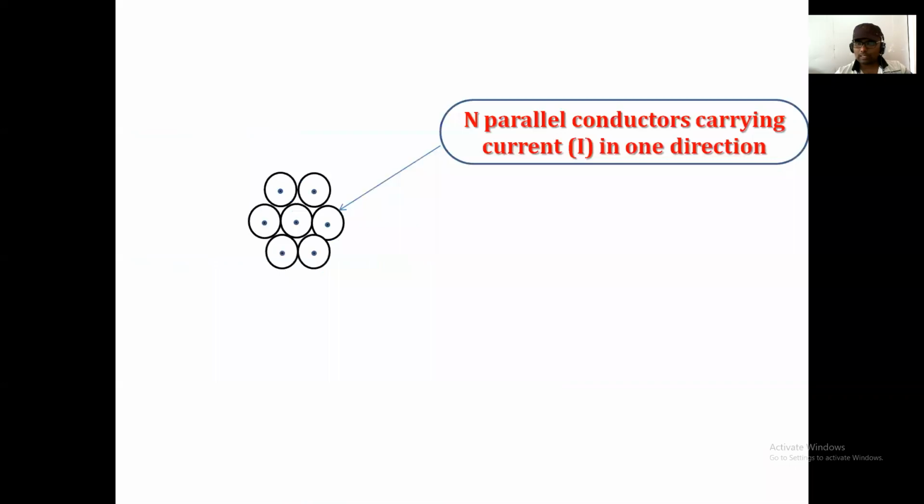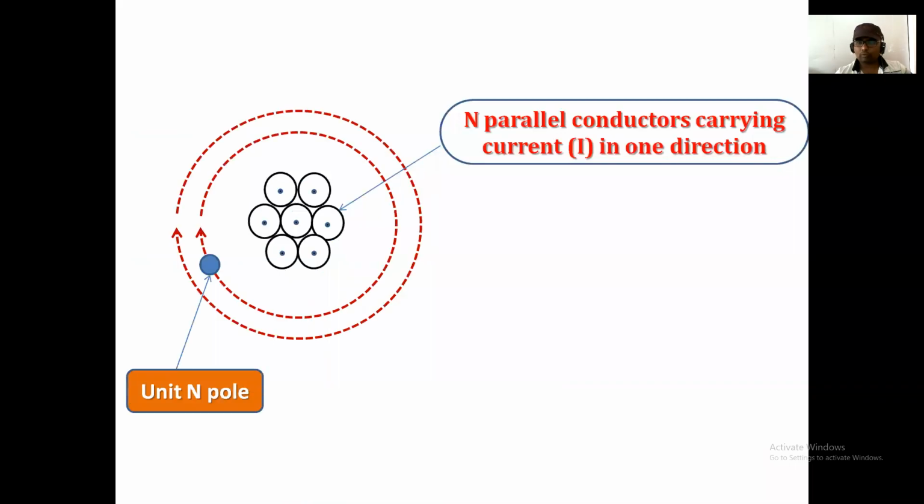Due to these n parallel conductors, a strong magnetic field is produced. If we consider one circular path, and on that path one point, and assume a unit north pole is placed at that point, then definitely a certain force is exerted on that point, and that force is H, the magnetic field strength.